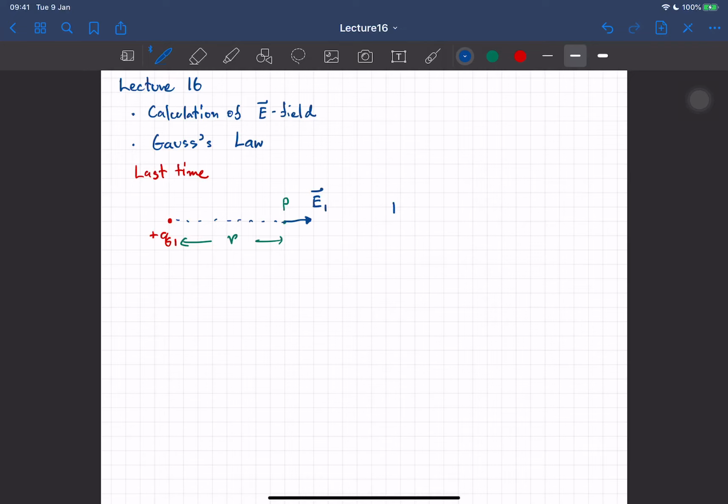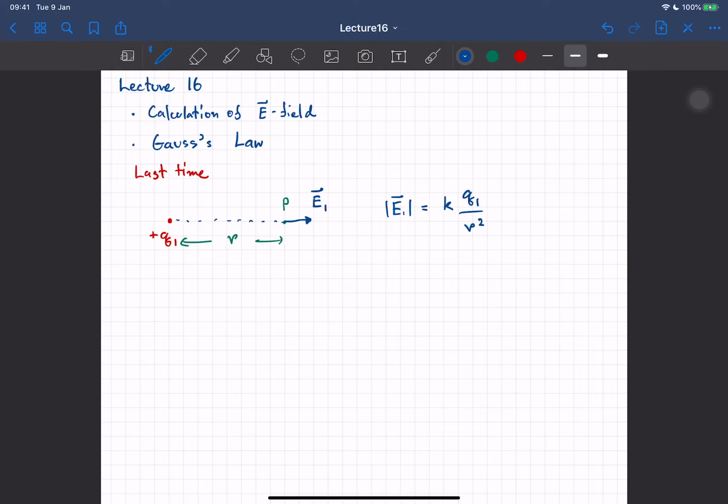And we showed that the magnitude of the electric field is given by k, which is the electric constant, 9 times 10 to the 9, times the charge Q1, divided by the distance squared, right? So this is the magnitude.